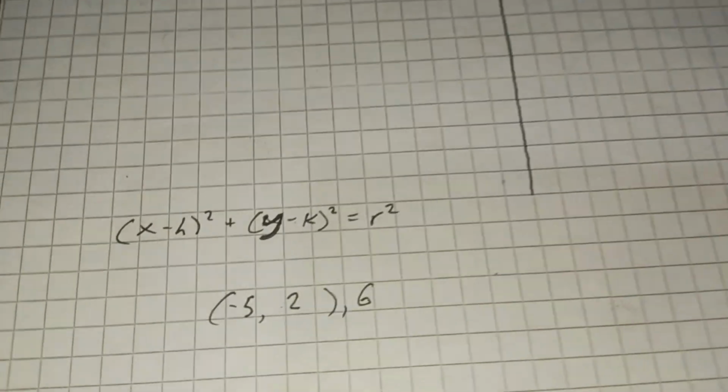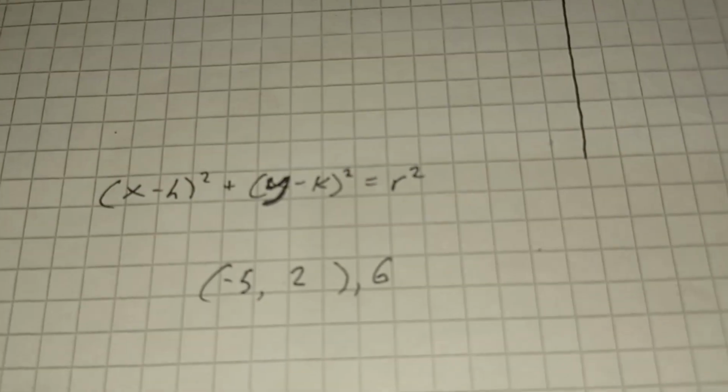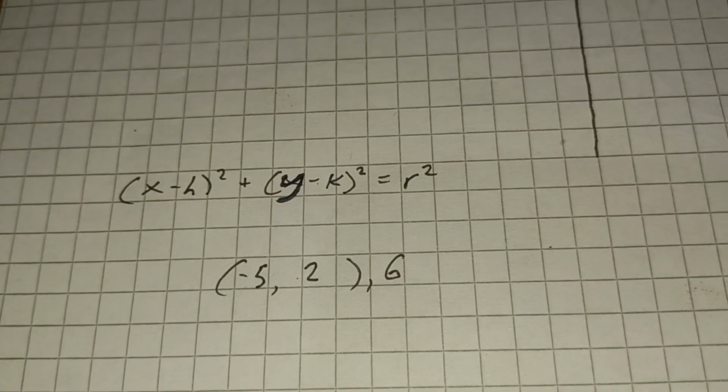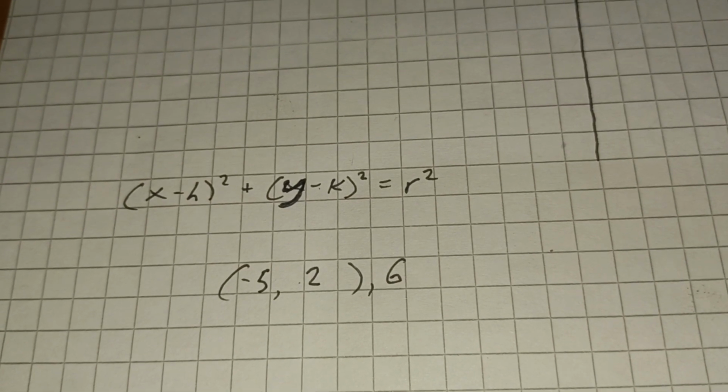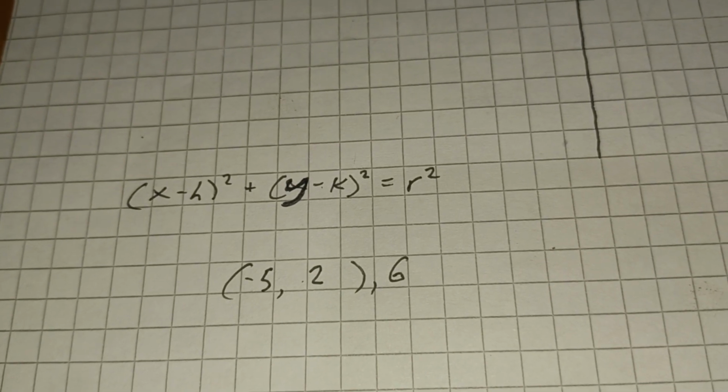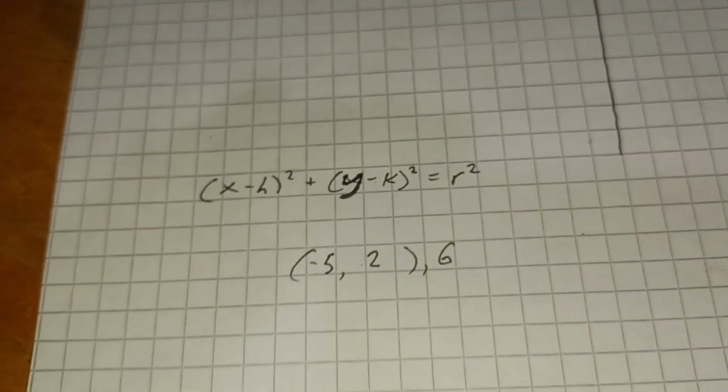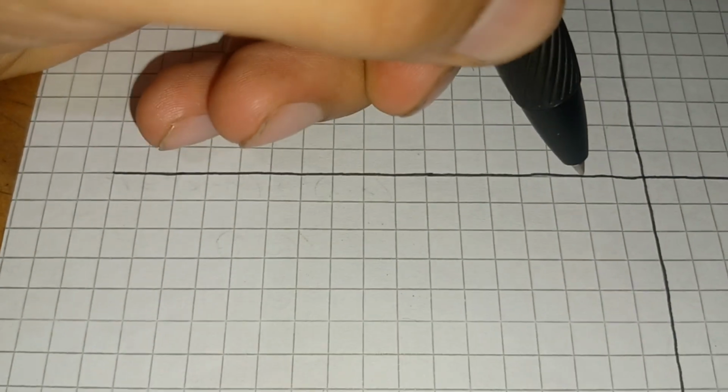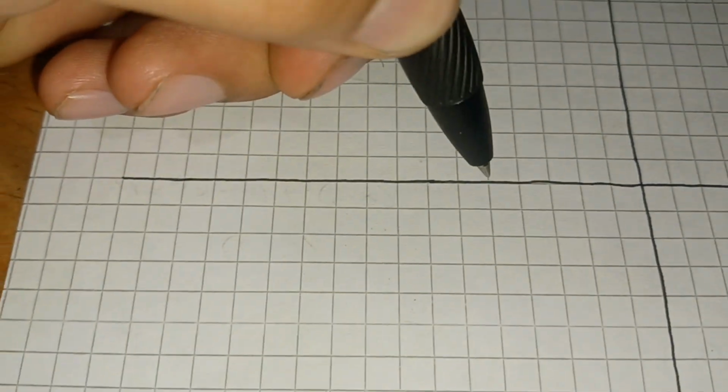Now that we have our center of (-5, 2) and our radius of 6, we can go ahead and plot our points. Let's plot the center first. So let's move 5 this way, to my left. 1, 2, 3, 4, 5.